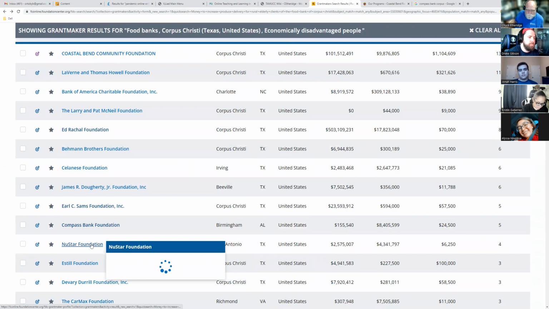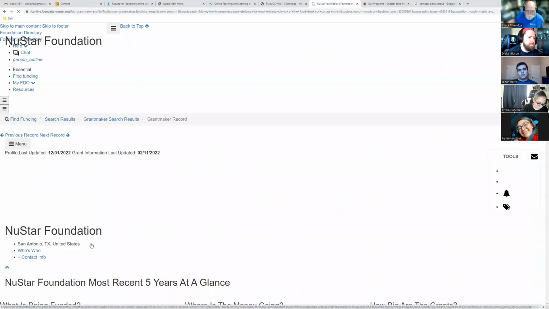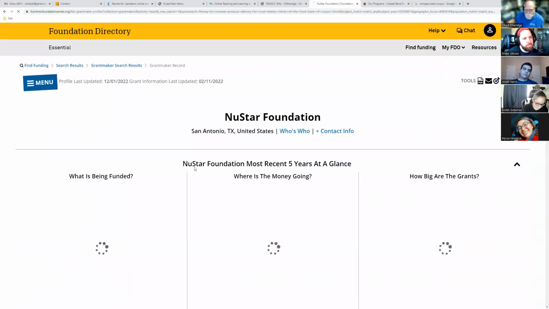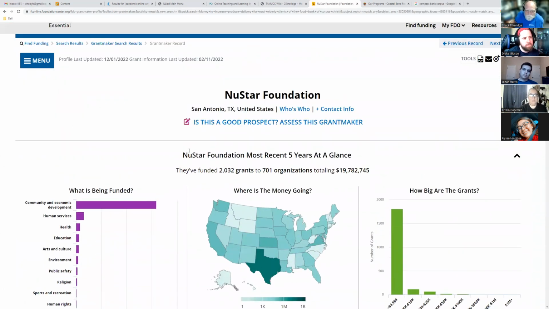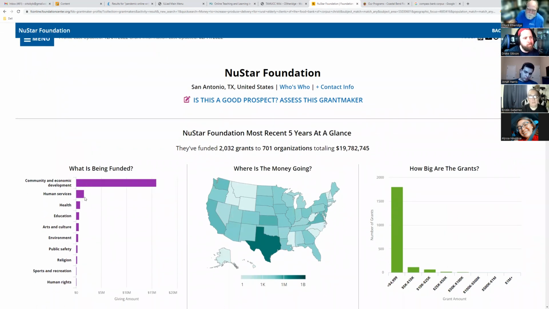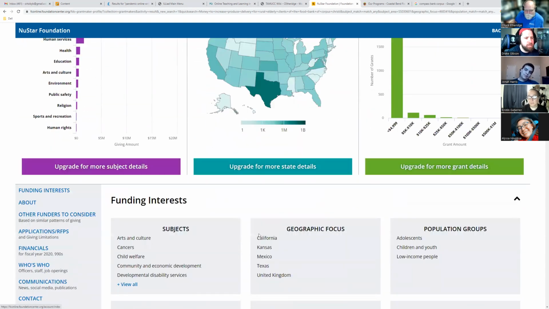Compass New Star. Hmm, I don't know. That looks like not a lot of human services, but if you look at the human services, it's $1.6 million. So that's some kwacha there. 18 million in grants in Texas, mainly $5,000.